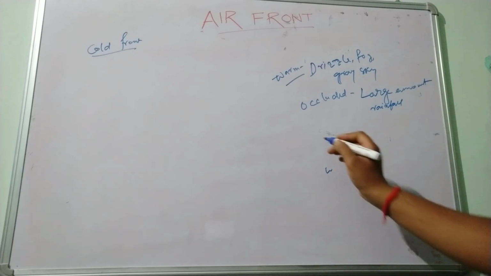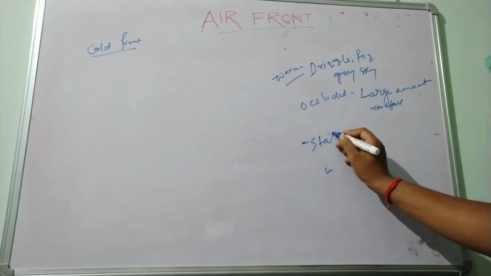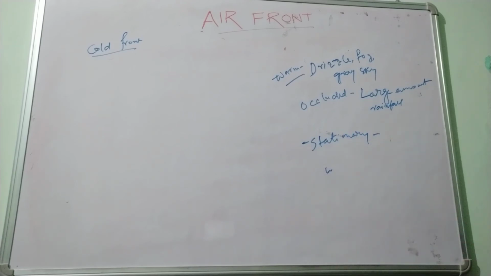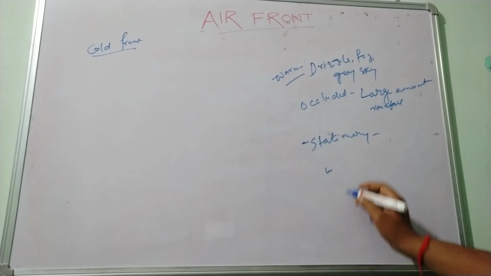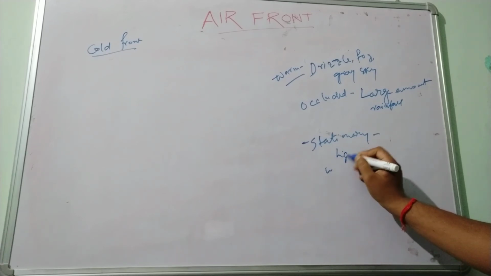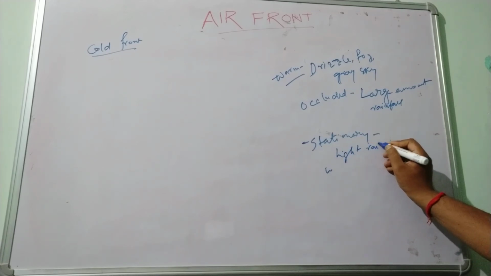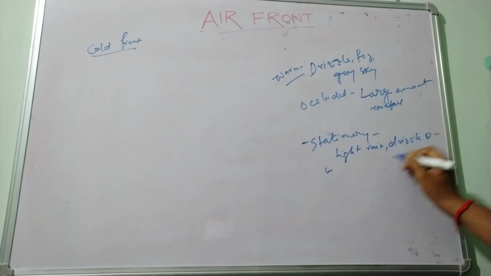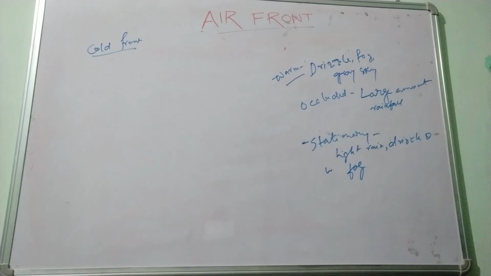And the stationary front is associated with light rain, drizzle and fog. Winds usually blow parallel to the front in opposite directions on both sides, therefore the front will likely break apart. Thank you for watching this video.